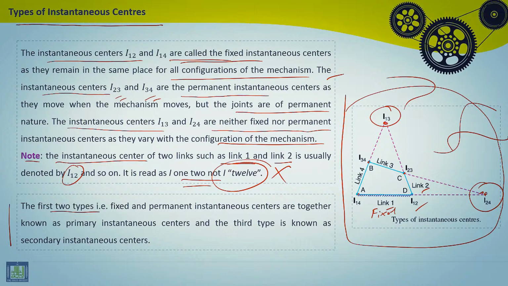The first two types, fixed and permanent instantaneous centers, are together known as primary instantaneous centers of rotation. And the third type, which is here, I13 and I24, are known as secondary instantaneous centers.